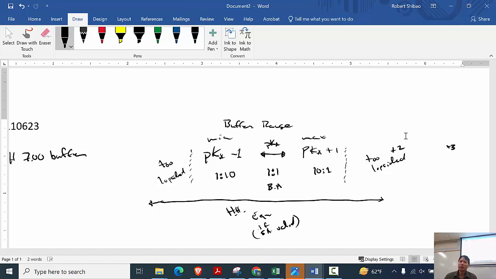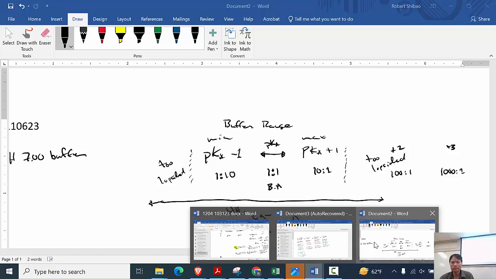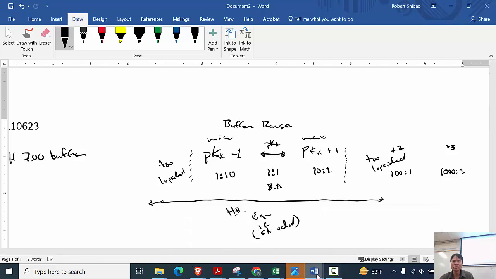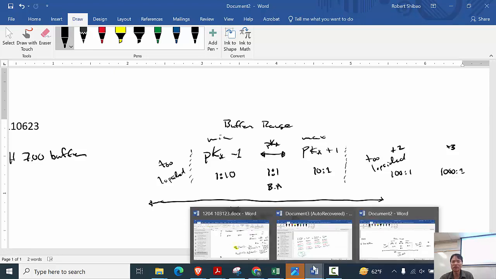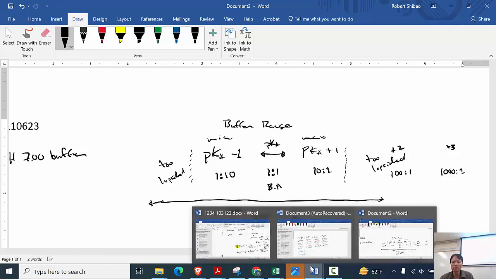Well, +2 would be 100 to 1, and +3 would be 1,000 to 1. So this would be way too lopsided. I wouldn't want to use this system. So just be careful with the powers of 10 thing. And this is kind of why we try to get it as close to 7 as possible.